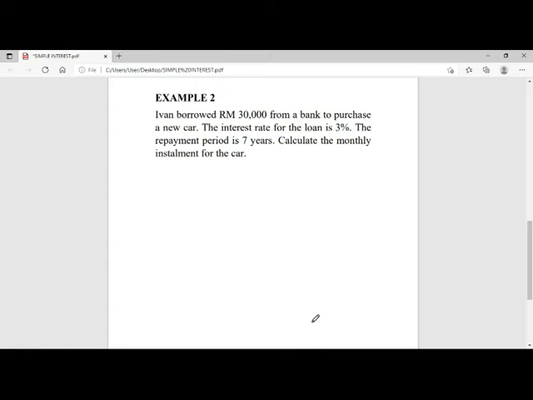And this calculation may actually show you a very rough figure on how much you have to pay every month. So over here, as usual, since this is the simple interest, the very first thing that you have to calculate will be the interest. So the interest will be calculated by using the same formula. Interest equals PRT.